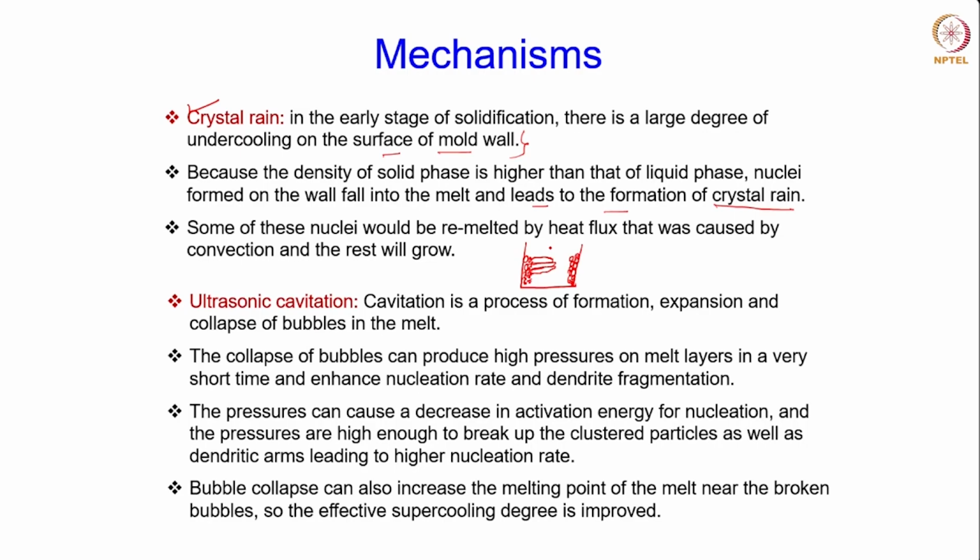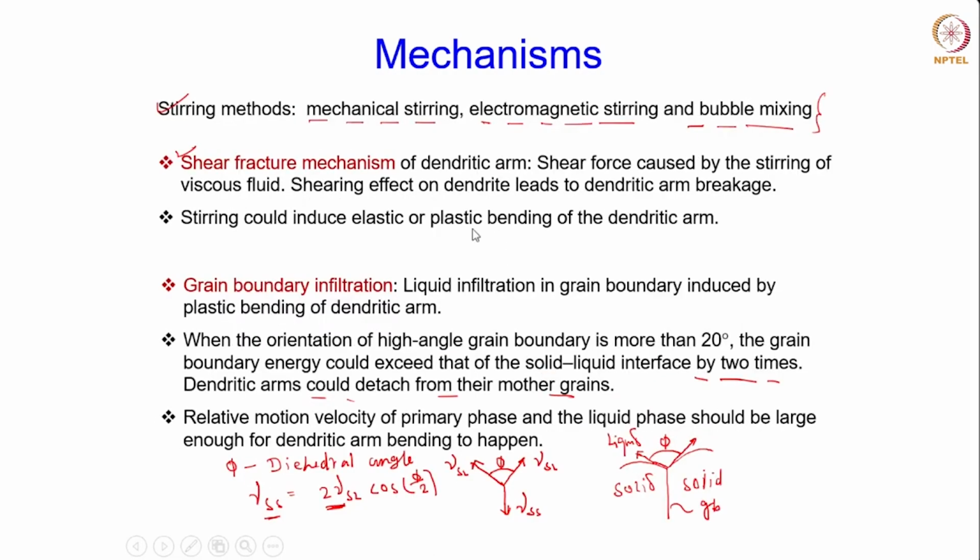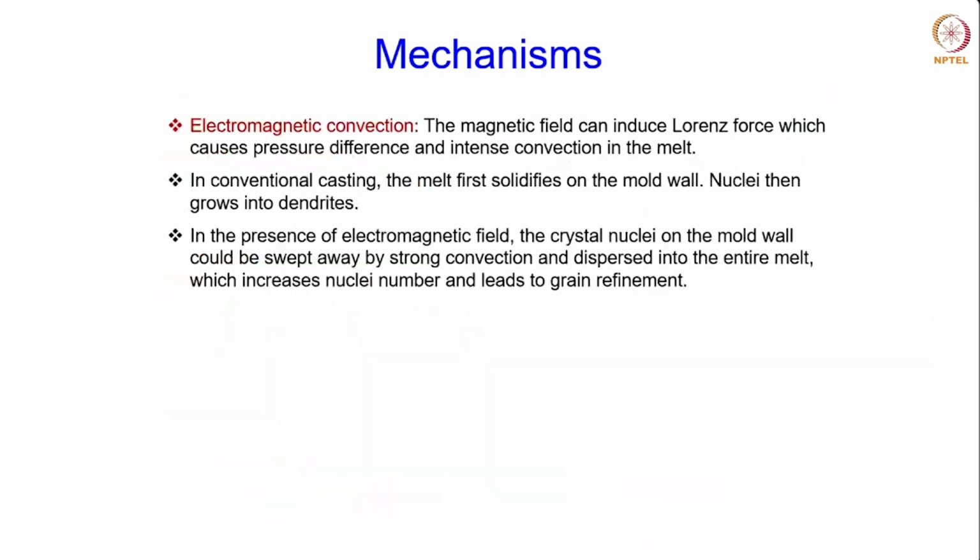So that will lead to the creation of suspended solid in the melt and increase the number of nuclei and hence lead to an increase in the nucleation rate. So these are the different mechanisms of grain refinement that is achieved by stirring or vibrating the melt.